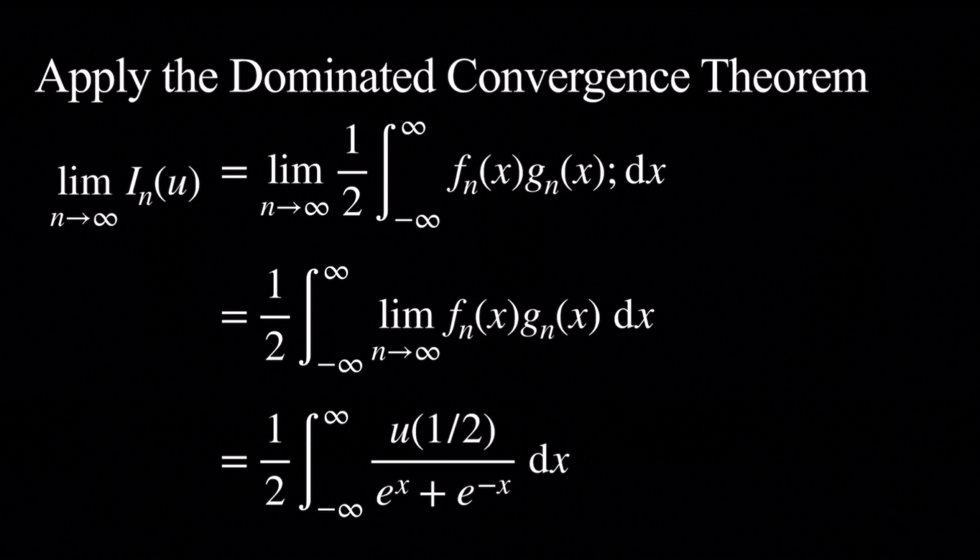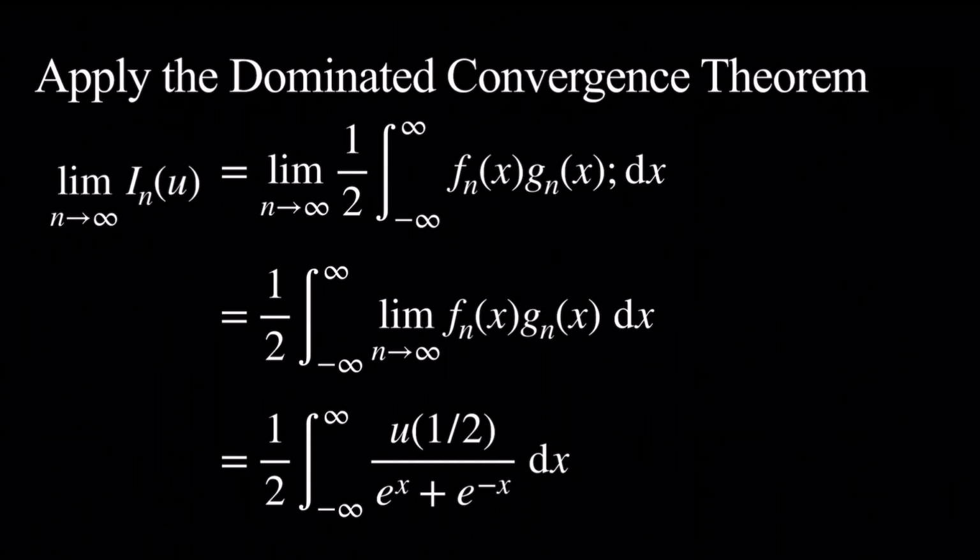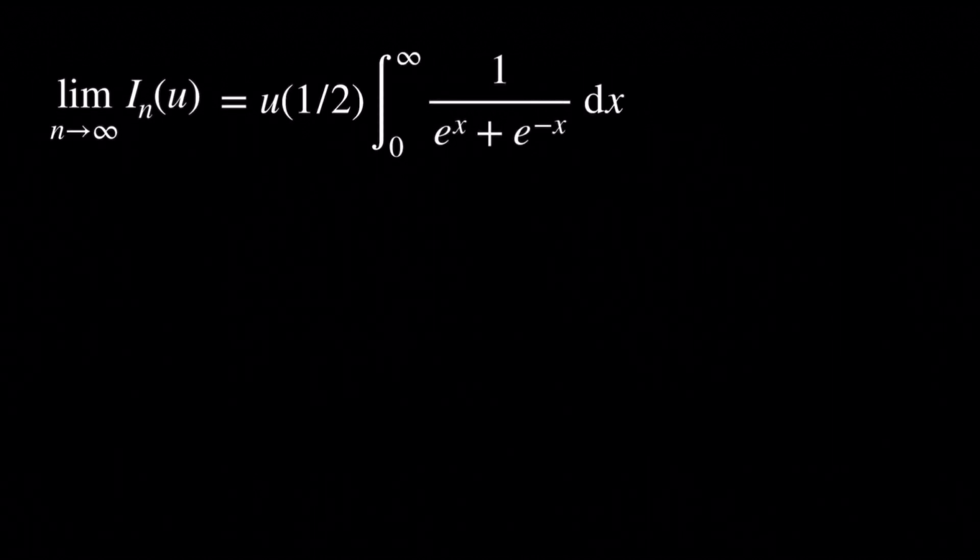Because we have an even integrand, we can simply integrate from 0 to infinity and then multiply the result by 2. Also, u(1/2) is just a constant, so we can take it outside of the integral. So, taking the constant u(1/2) outside and multiplying by 2, we get u(1/2) times the integral from 0 to infinity of 1 over e^x + e^(-x) dx.